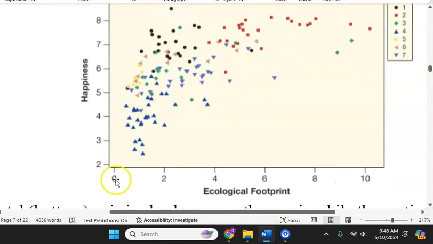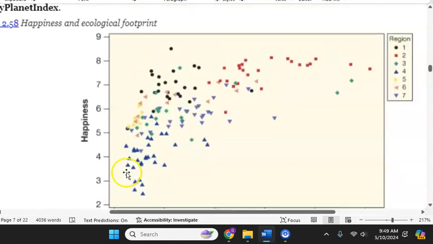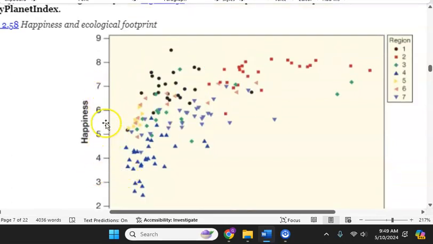So we can see as the ecological footprint increases, meaning they're using more resources, we look to this axis. What's happening to these numbers? Are they increasing also? If it was a perfect correlation, we'd see a straight line going like 45 degrees.